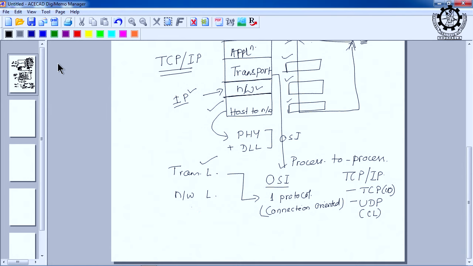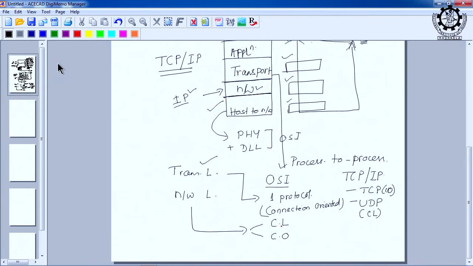Now, coming to the network layer. OSI model supports two kinds of services. One is connection less, another is connection oriented.